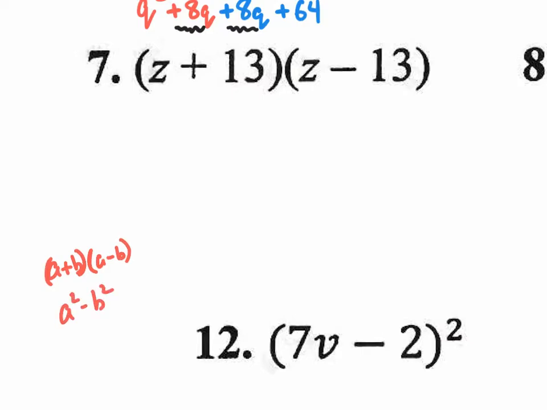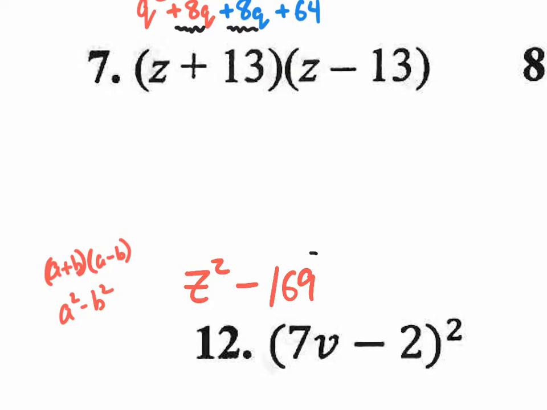That's your answer. So right here we really do have (a + b) times (a - b). So I could do a squared, so that would be z times itself. What's z times itself? z squared. And then minus b squared. What is the b value? It's 13. What is 13 times 13? 169.